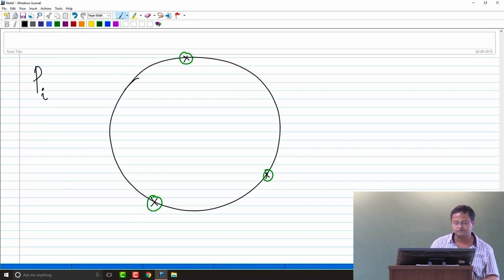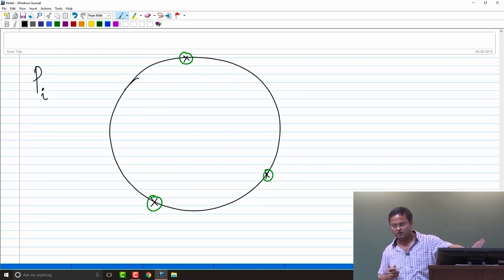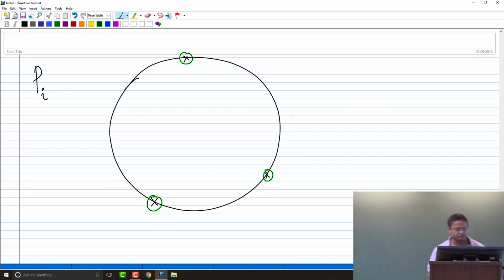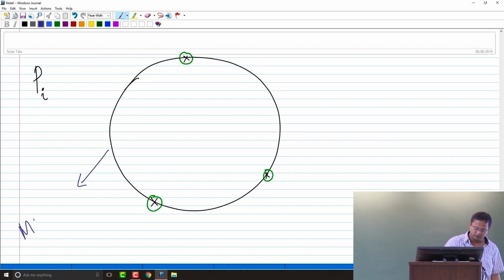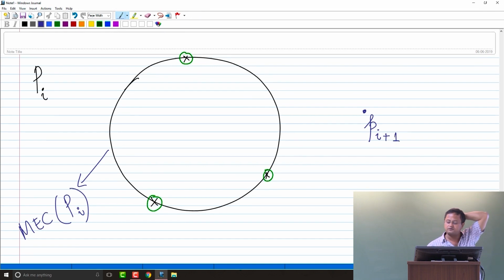So, these are the 3 points from Pi that have defined my minimum enclosing circle for Pi. So, this is my minimum enclosing circle for Pi. So, here was my set Pi. Then the Pi plus 1th point comes. If it is inside, fine.